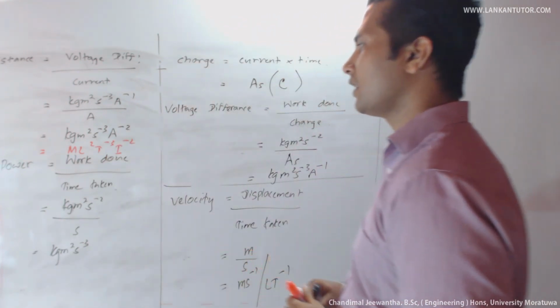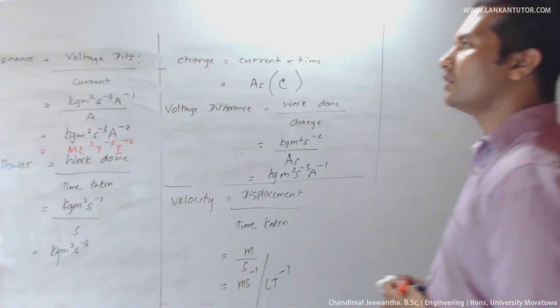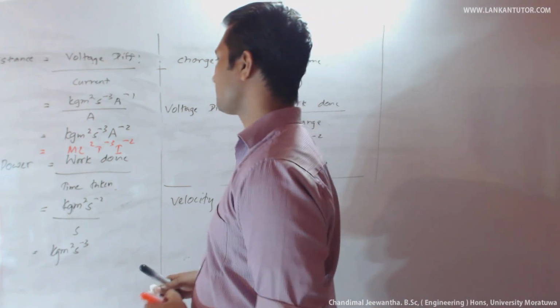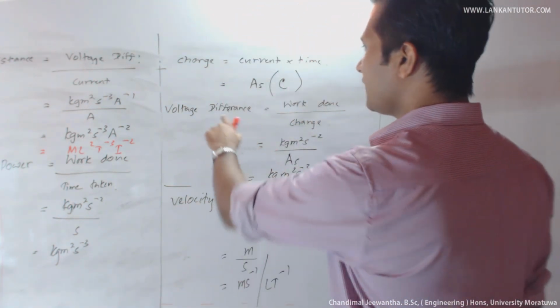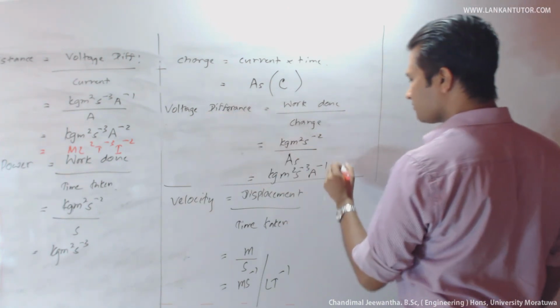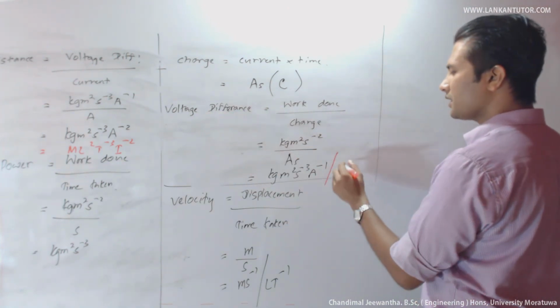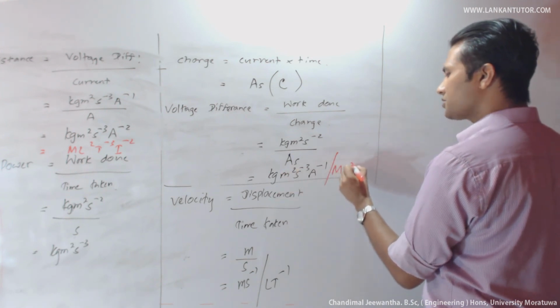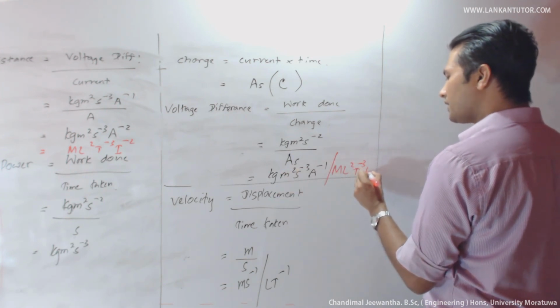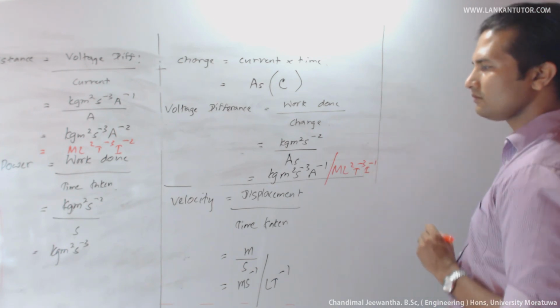That is the dimension of resistance. When finding the dimension of the voltage, the same procedure we can follow. That is M L^2 T^-3 I^-1.